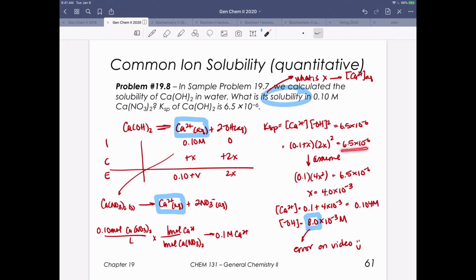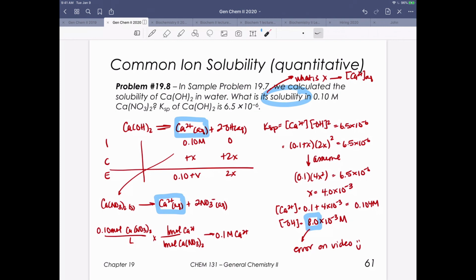That's going to be equal to 6.5 times 10 to the minus 6th. Now, if we had to go through and factor all of this in, my goodness, we would have some complex algebra. So let's make a simplifying assumption that x is going to be small. If x is small, 0.1 plus x simplifies to 0.1, and now all of a sudden this becomes manageable algebra. Go through and solve, and we get that x is equal to 4 times 10 to the minus 3rd.